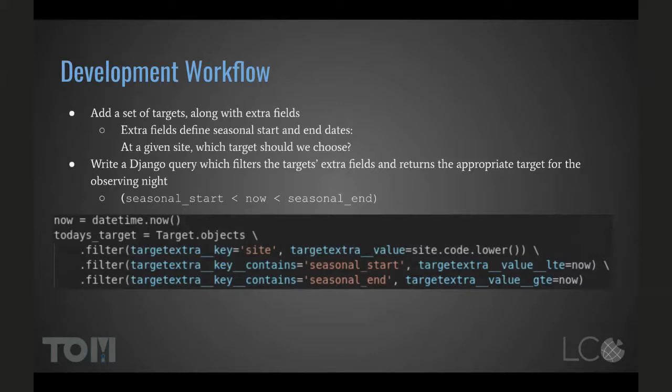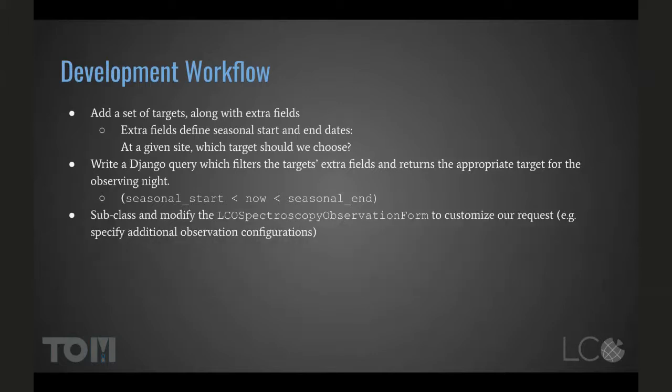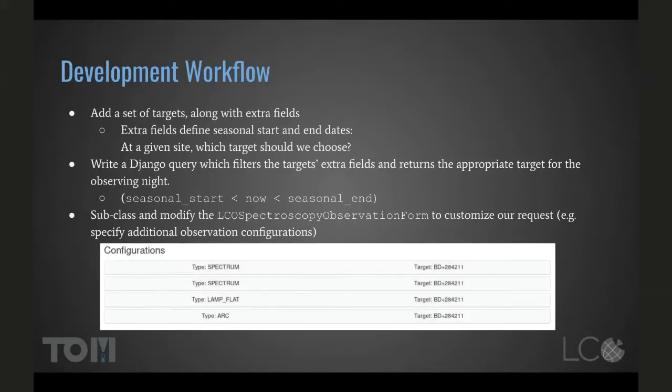Finally, I wanted to go ahead and change the LCO observation form to be able to modify my observation to add additional configurations. So what that means is in the standard LCO observation form that we use to construct the request to LCO, there's only one type, it only has support for one configuration out of the box.